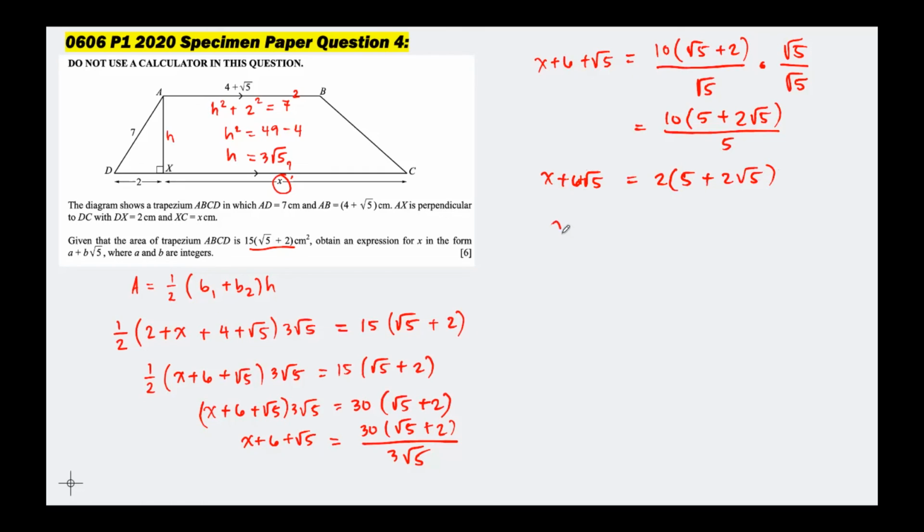If you want to isolate x, we can transfer 6 and square root of 5 to the right side. But first distribute the 2, so that gives us 10 plus 4 square root of 5 minus 6 minus square root of 5. So therefore, the x value is equal to 4 plus 3 square root of 5. So this is x, and that means A is equal to 4 and B is equal to 5.